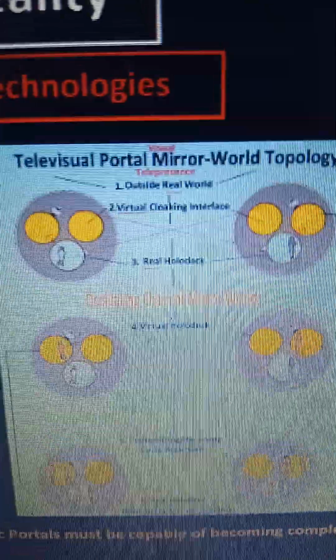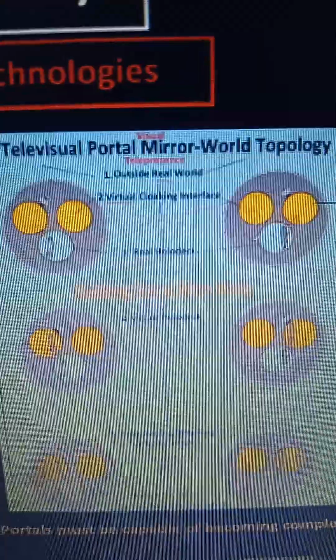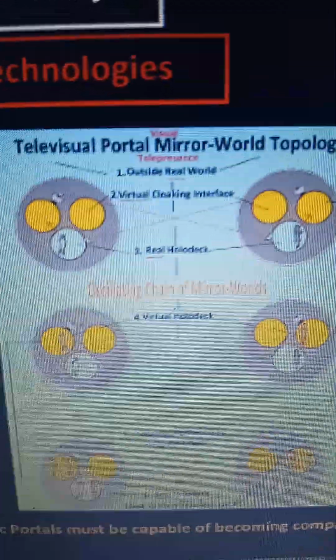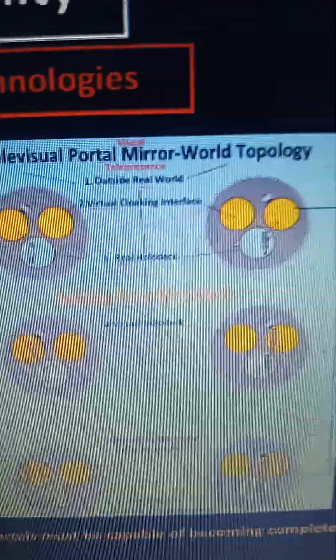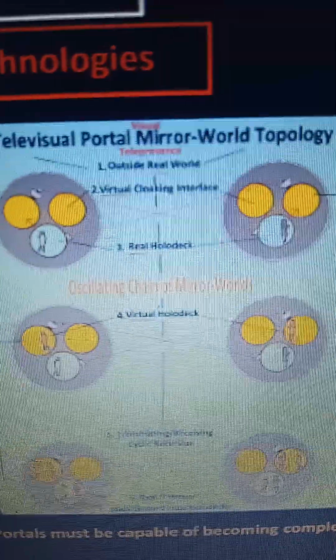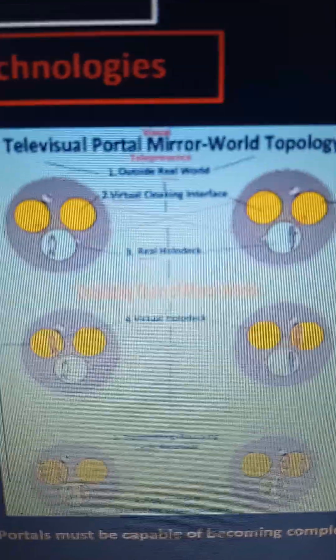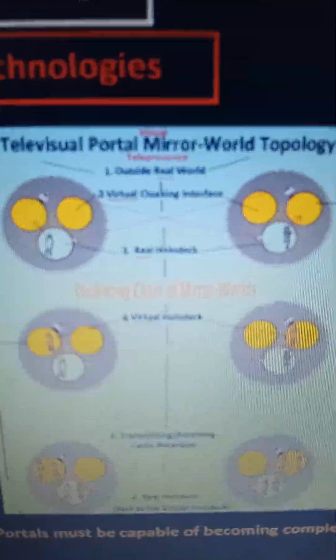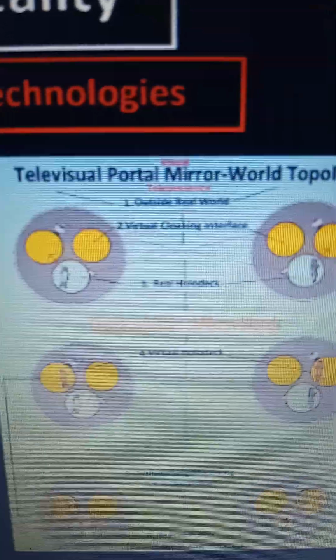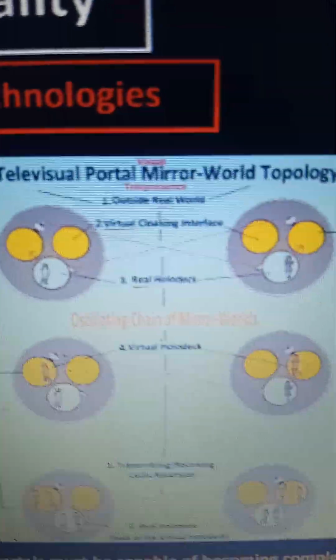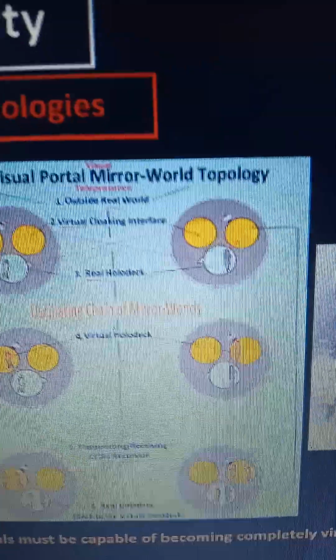It oscillates between the real world, where matter and light exist, then into the cloaking interface, where only light exists, back to the real holodeck, where matter and light exist, back to the virtual holodeck, where only light exists, transmitted back over again to the real holodeck.